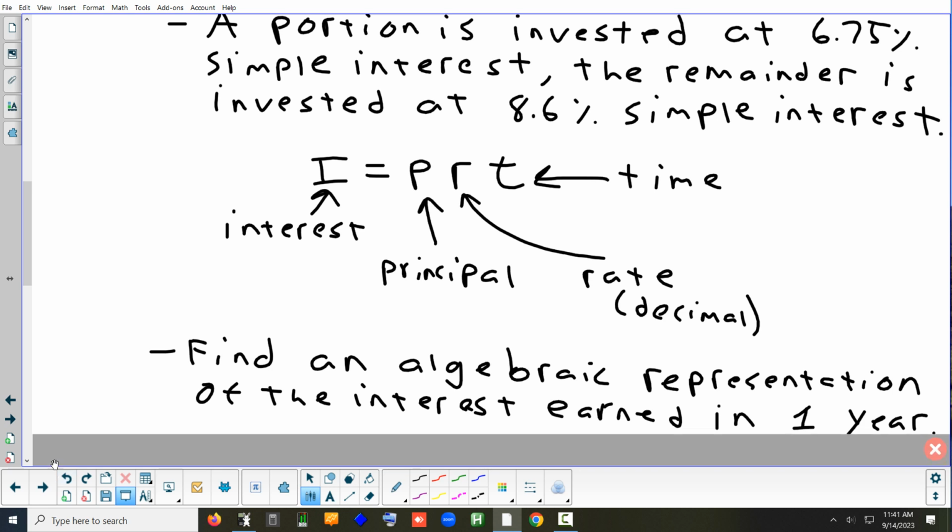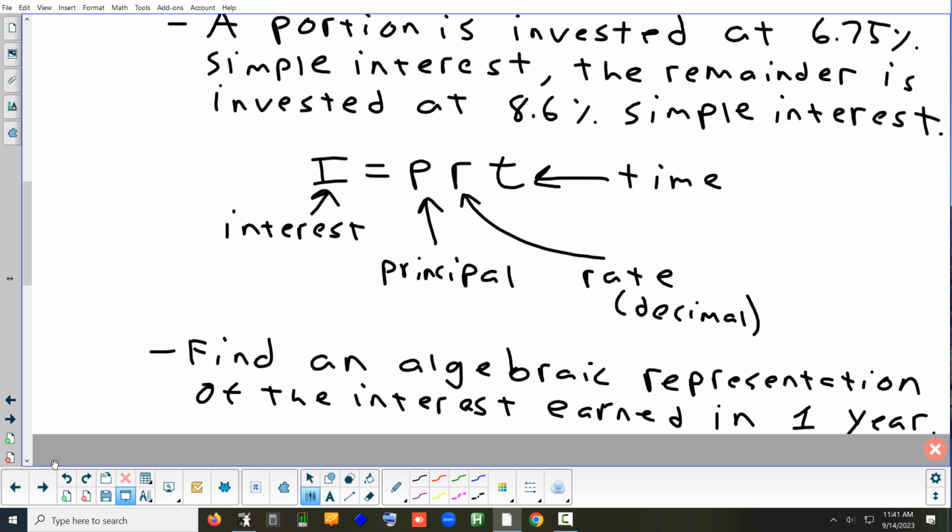So I want to find an algebraic representation of the interest Bill earns in 1 year in total. How many different accounts is he investing in? 2. So I want to find the interest in the first account, take the interest in the second account, and if I want a total, I would take those 2 amounts and do what? Add them.